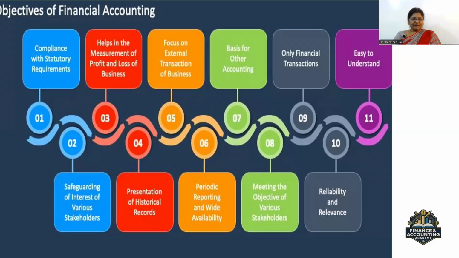Coming to the second one, safeguarding the interest of various stakeholders. Who are stakeholders? Those who have connectivity with the business. They can be owners, managers, employees, customers, suppliers, bankers, creditors, government, income tax authorities, community, etc. Here we can take the example of a mutual fund company.